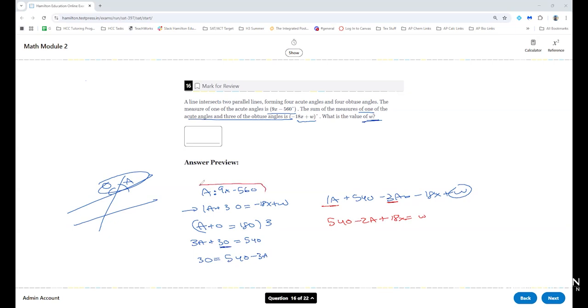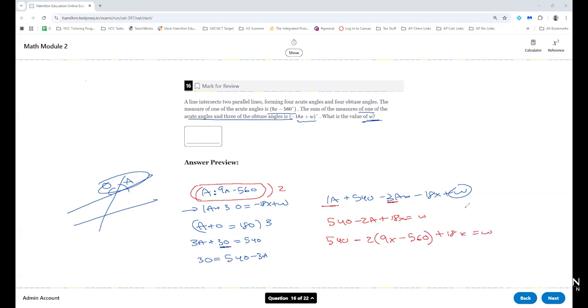Okay, now it's still not solvable, but they told us something very weird. They told us another equation, and so just like with how we got rid of the obtuse angle, we're now getting rid of the acute angle by timesing it by 2. And so then we're going to get 540 minus 2 parens 9x minus 560 plus 18x is equal to w.